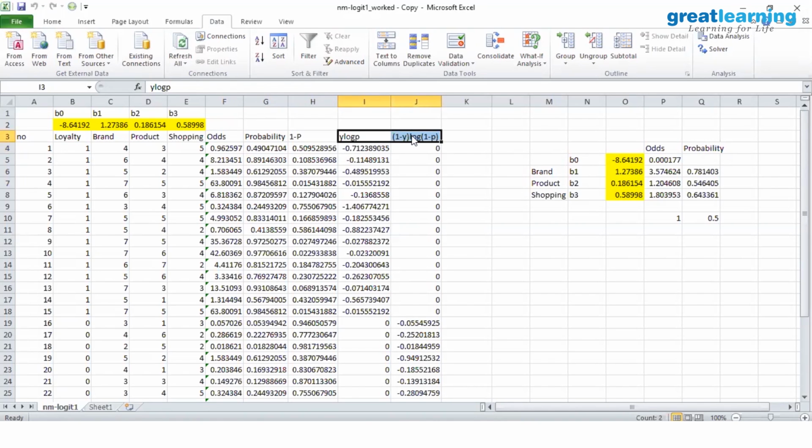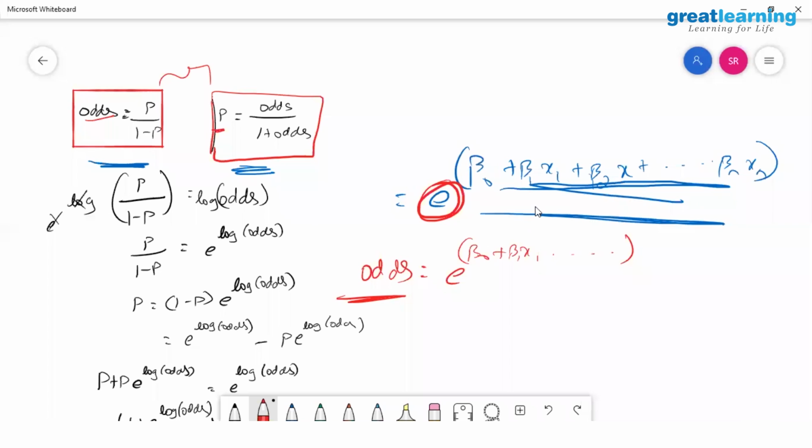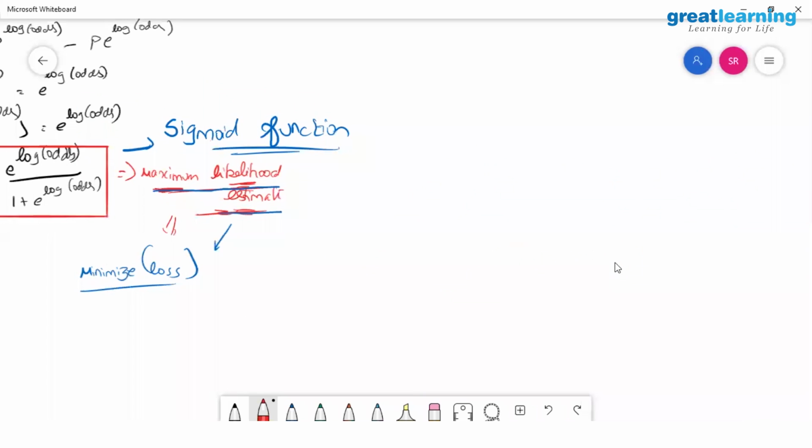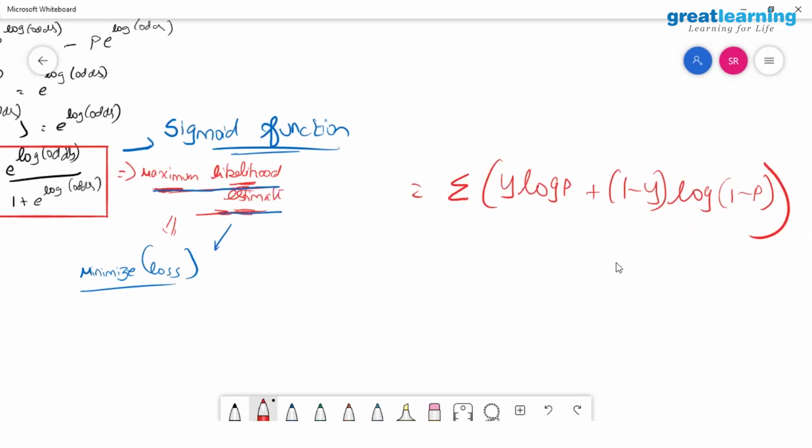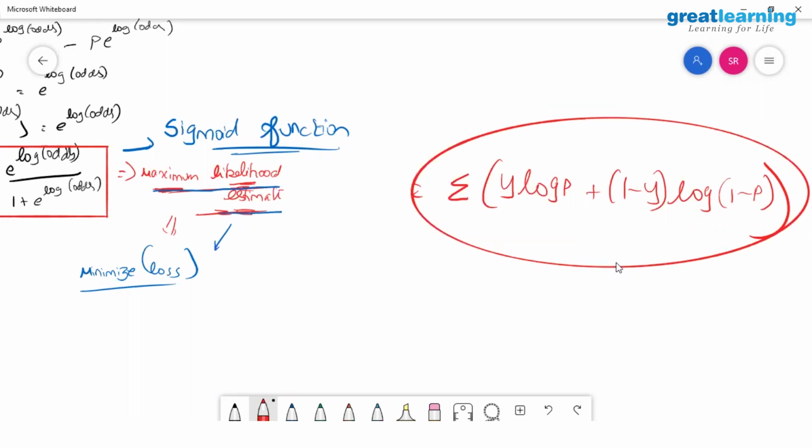So going back, it is nothing but the summation of y log p plus 1 minus y log 1 minus p. This is the objective which I wanted to tell here.